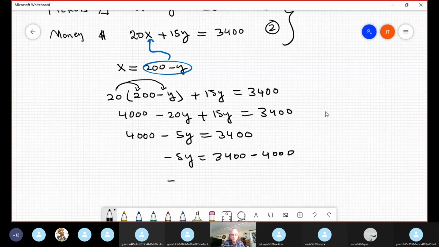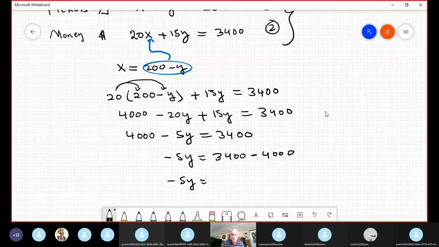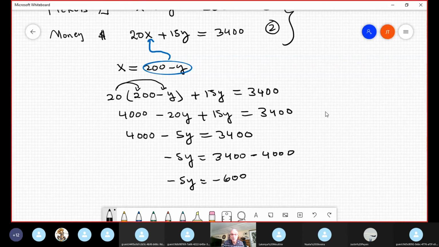Now subtraction. I suppose it's 600? Let me check in the calculator: 3,400 minus 4,000 is negative 600. Divided by negative 5 on both sides, Y alone is 600 divided by 5, which is 120.